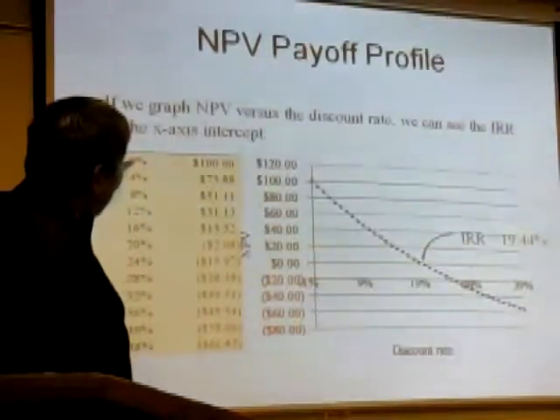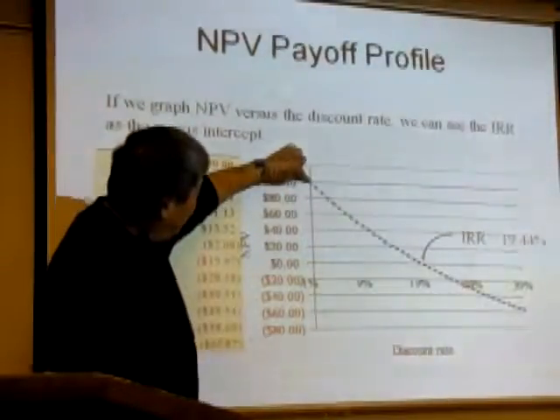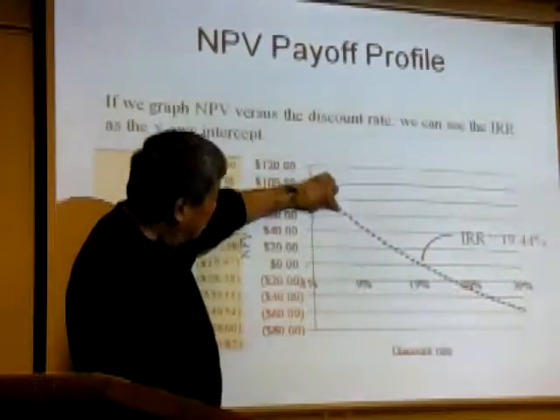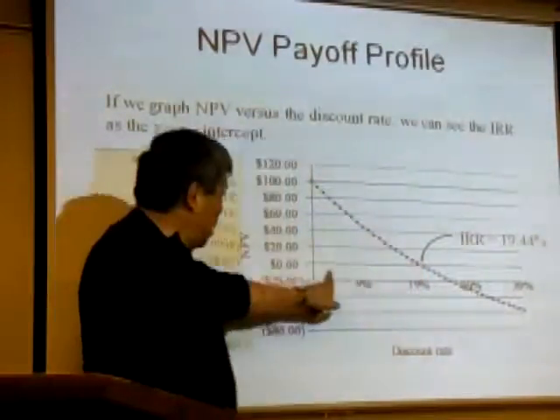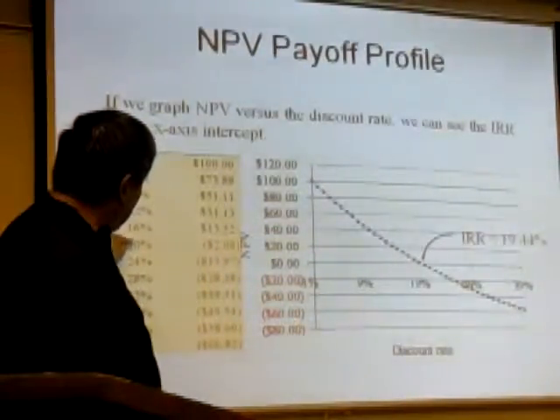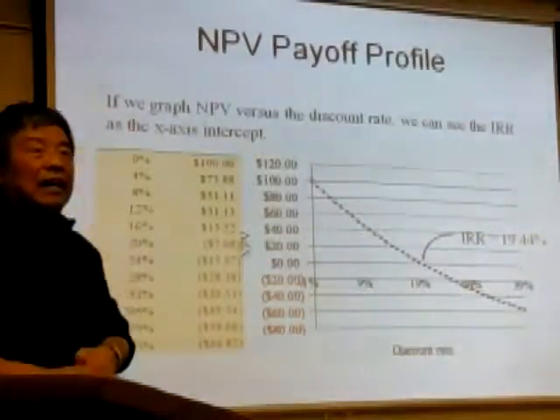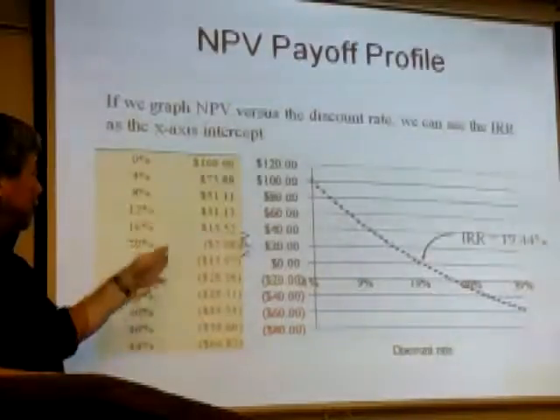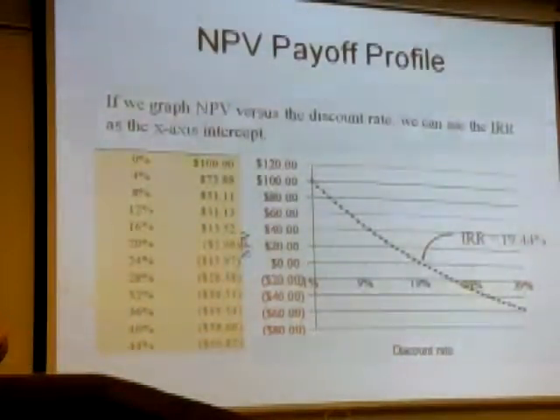Now, for this project, if the discount rate is 0%, it has a value of 100. As the discount rate increases, it goes down to a point at 0, that portion, 19.44, not approaching 20 yet, is the rate which makes net present value equal to 0. That by definition is the internal rate of return.